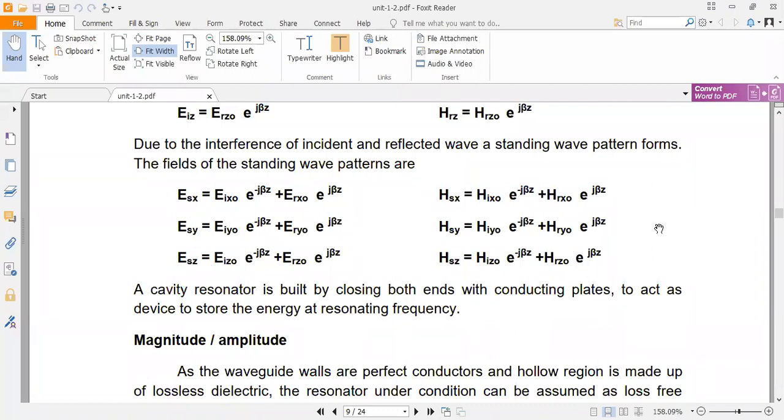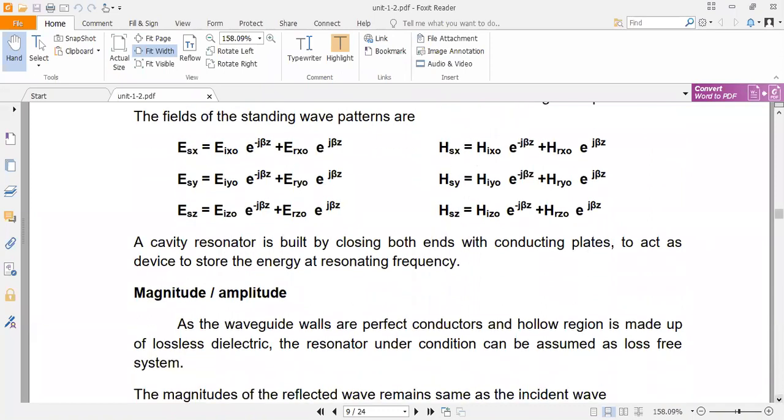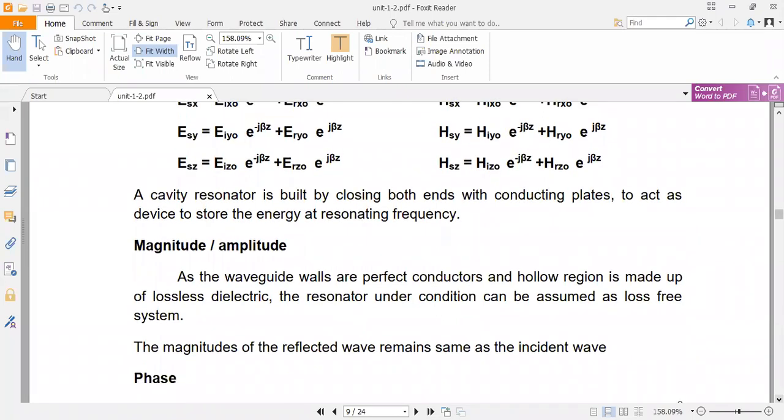Yes or no? Once we have got the standing wave patterns, now it's very, very important. The waveguide walls are perfect conductors, and the hollow region is made up of lossless dielectric. Under that condition, at a particular frequency the resonator starts resonating, and the impressed signal is equal to the resonant signal.